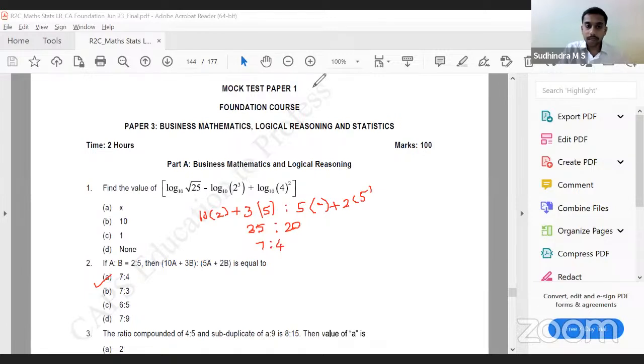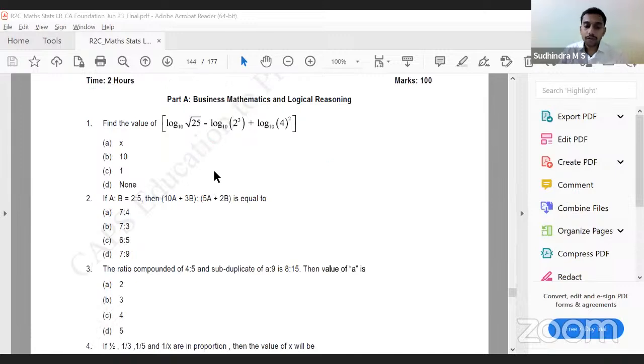Question number 3. The ratio compounded of 4:5 and subduplicate of A:9 is 8:15. Find the value of A. 4 is the right answer.